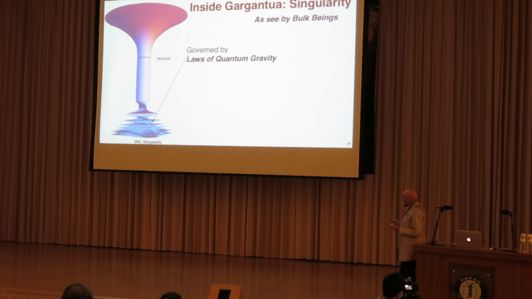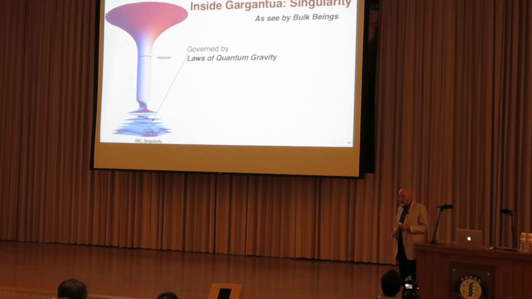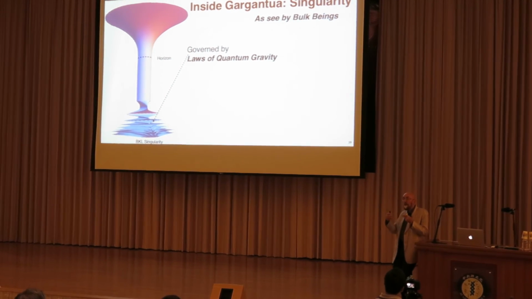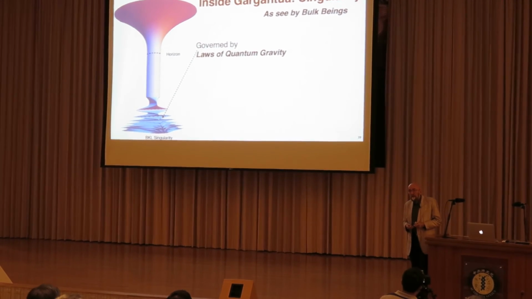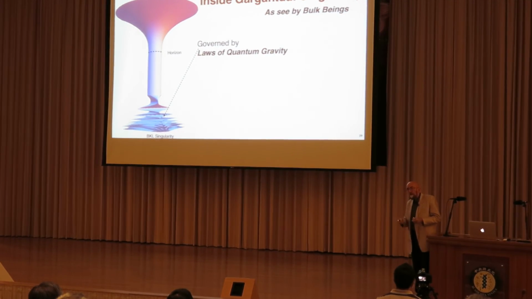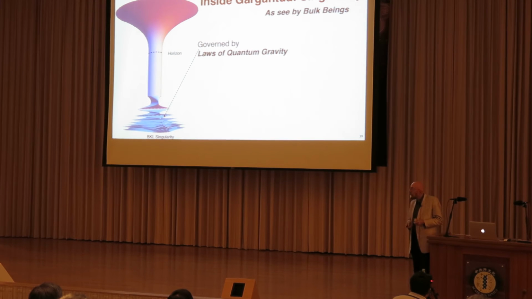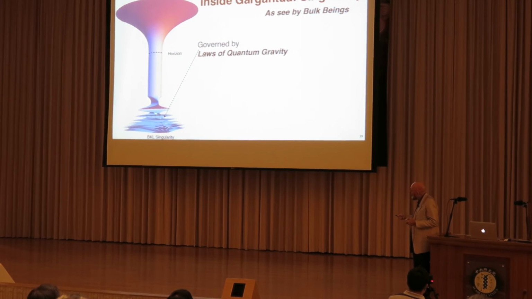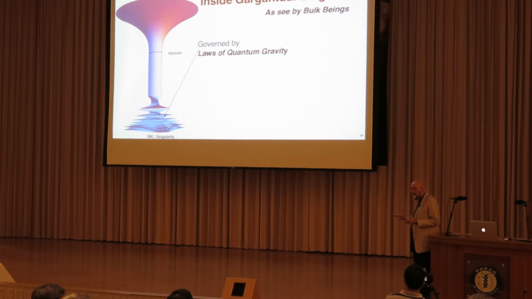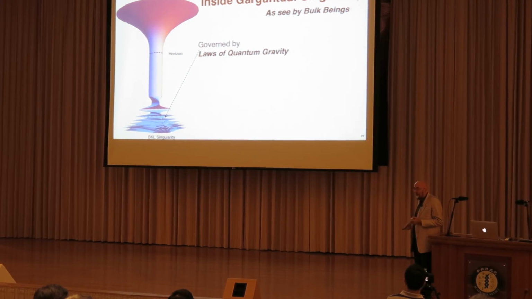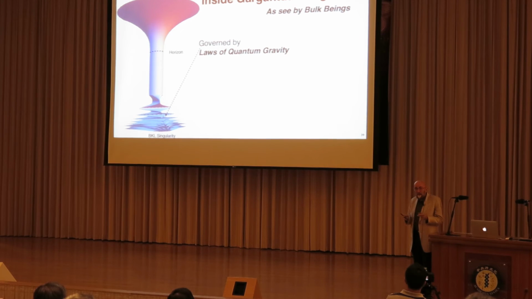But that singularity is governed by laws of quantum gravity. So this carries us into the modern era, the subsequent consequences of Einstein's relativity. There is something here we would like to understand. We can understand what happens as you get close to the singularity. The final singularity we do not understand at all.